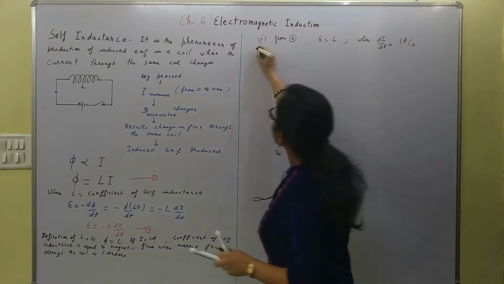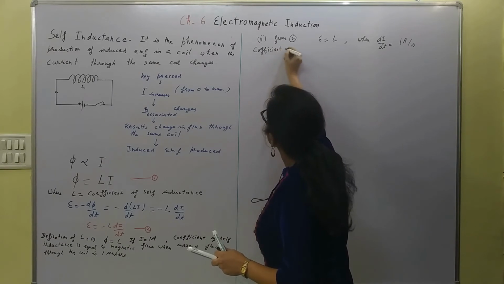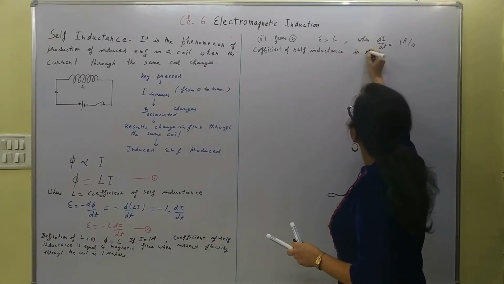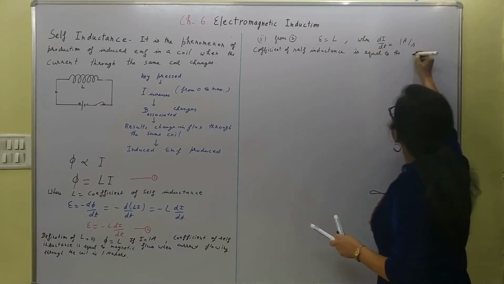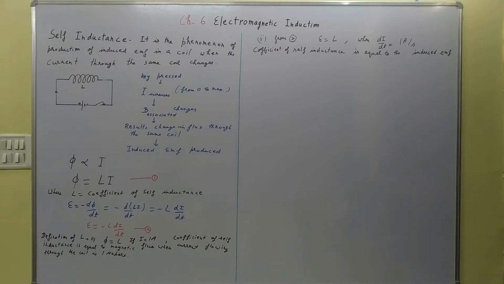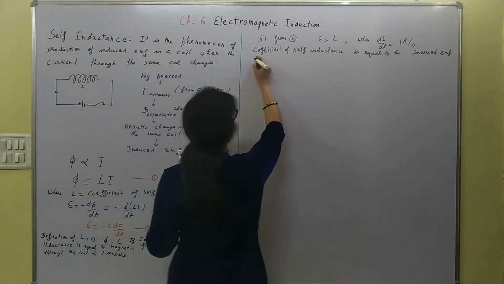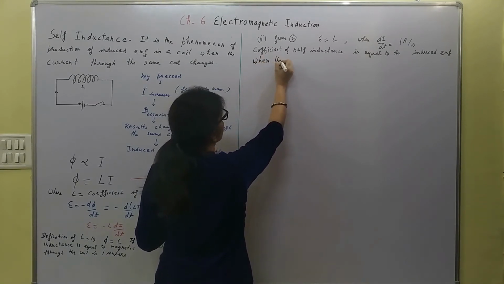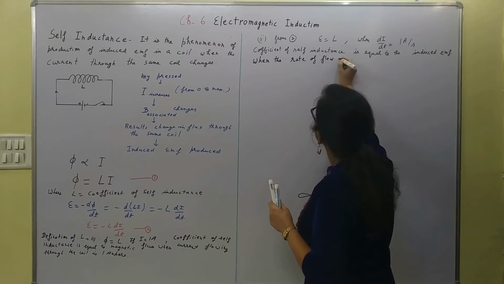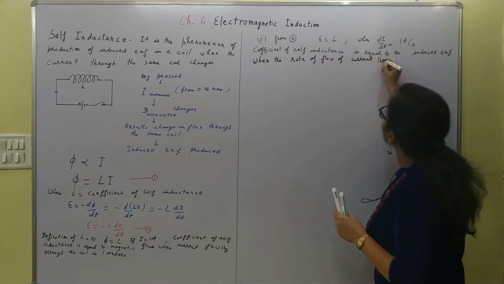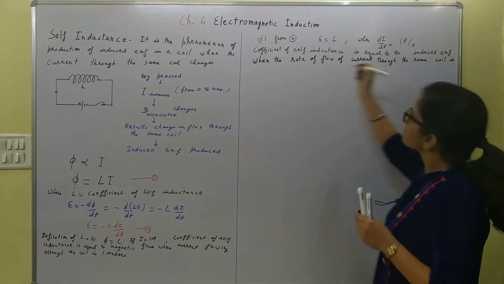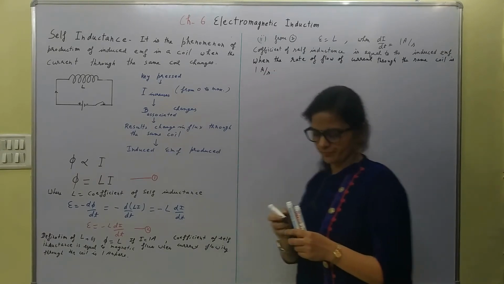So it can be written as the coefficient of self-inductance is equal to the induced EMF when the rate of change of current through the same coil is 1 ampere per second, right?